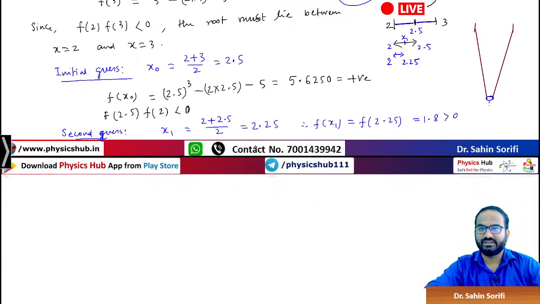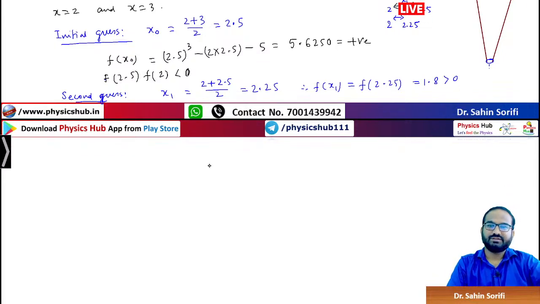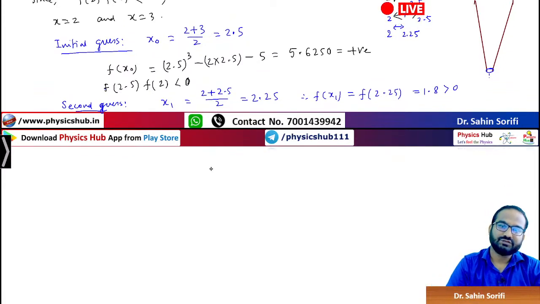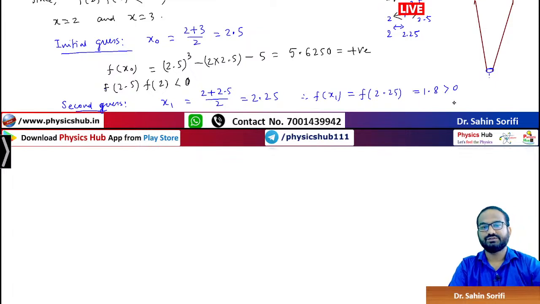Anyways, we are getting deviated from the topic. So we got our second guess, x1. The root must be lying between x0 and x1. In this way, if you repeat, you will take the third guess, x2.